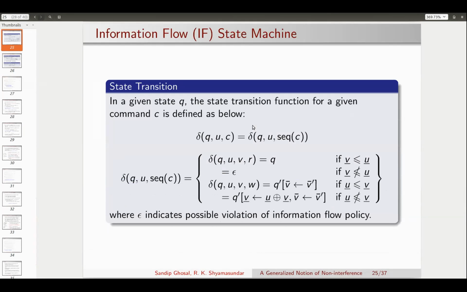We determine whether a program is flow secure or not by syntactically checking each statement and checking the information flow policy also. But the underlying property is the non-interference we have proposed in this talk.